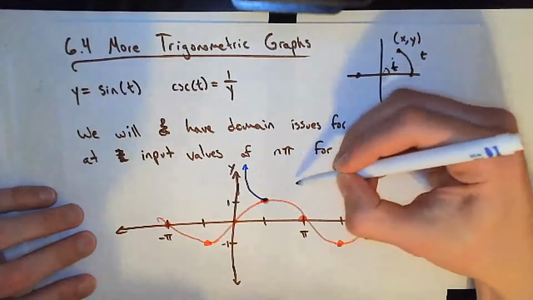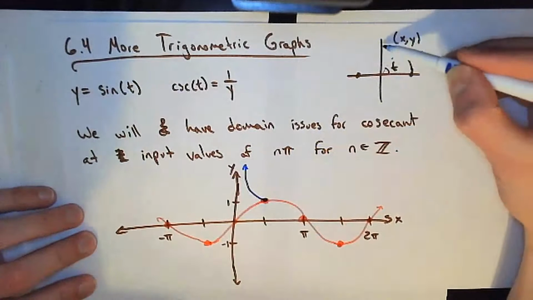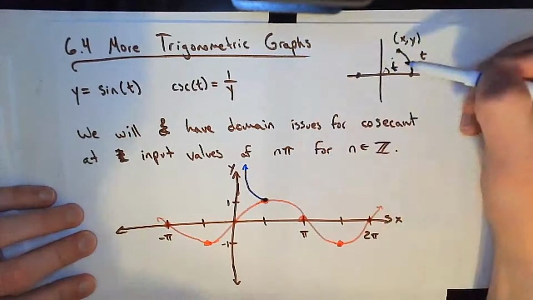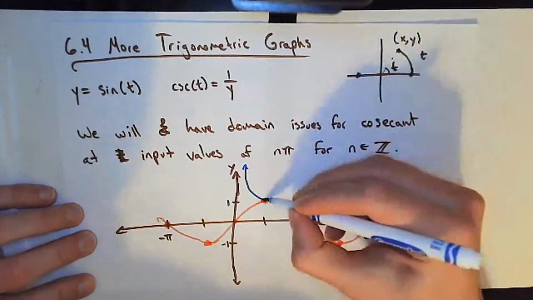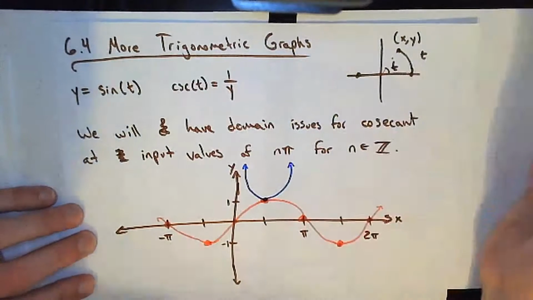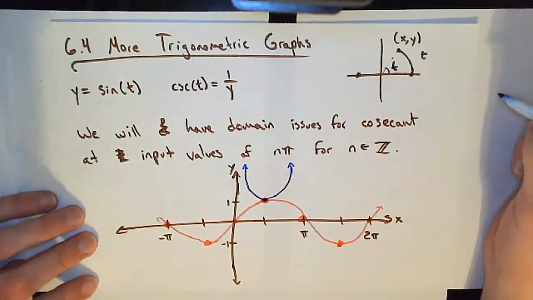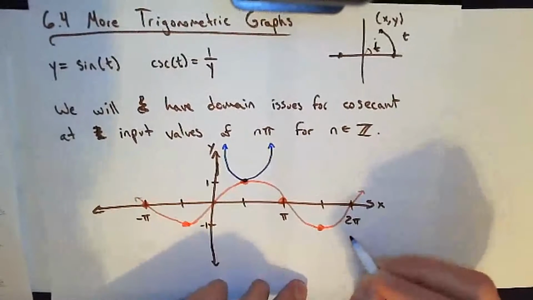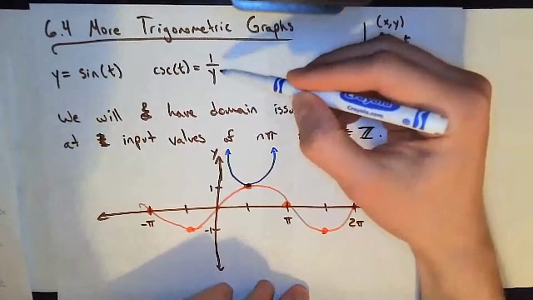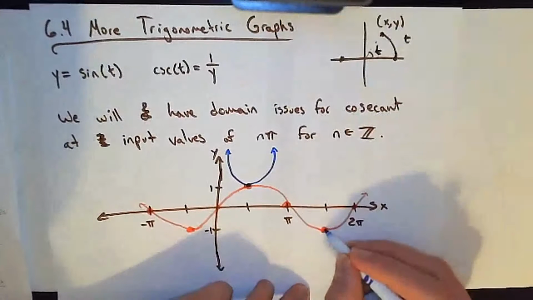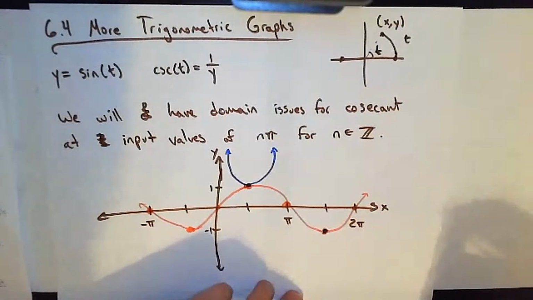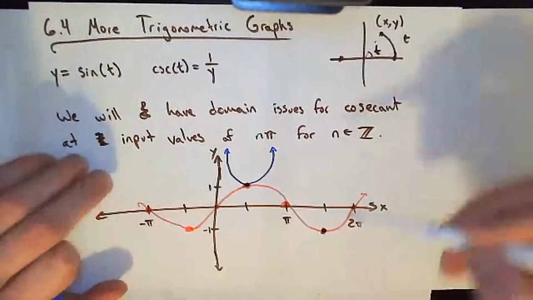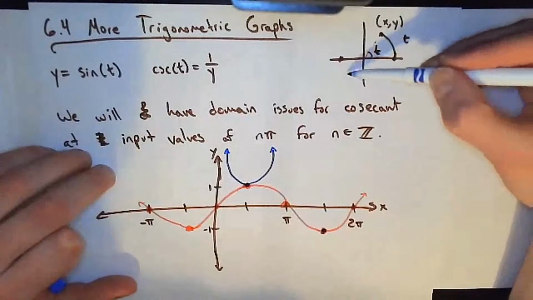The same thing's going to happen when we try to get very close to pi. When we try to get very close to pi over here, again, the y value is tending very close to zero, still positive, and it's going to explode off to infinity this way. Now, what about down here at -1? When sine is -1, cosecant should be 1 over sine, 1 over -1. It agrees there at that value. What if I try to get very close to pi from the other side, coming from the opposite direction?